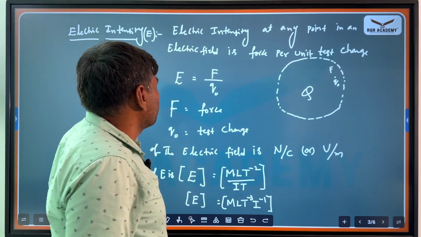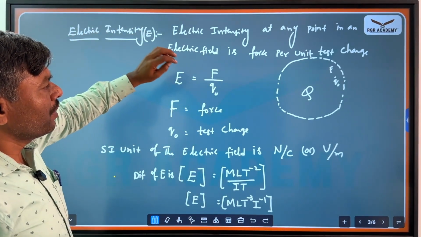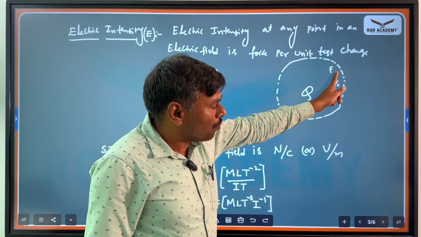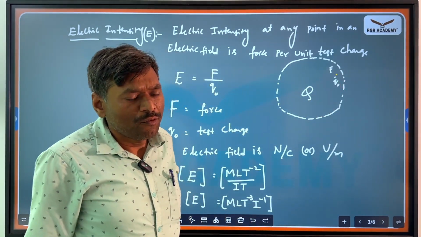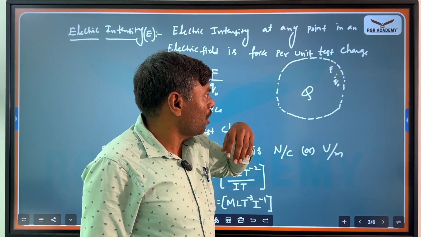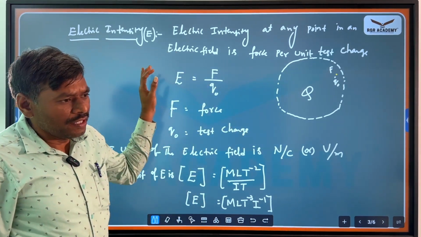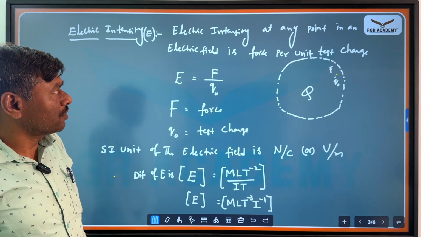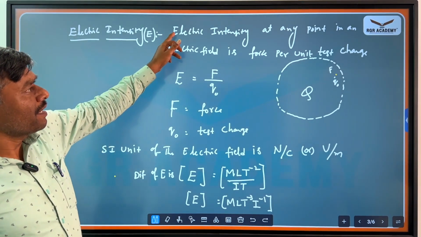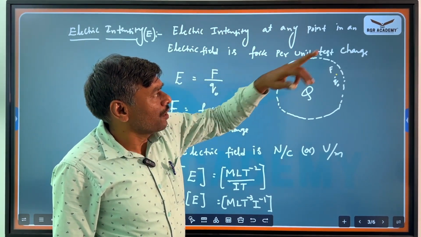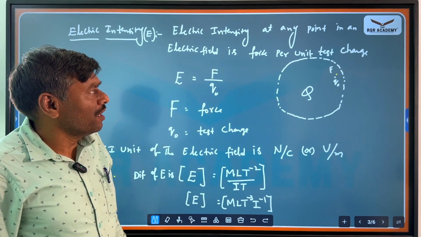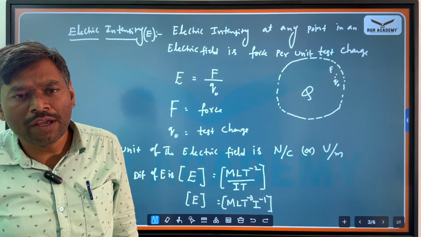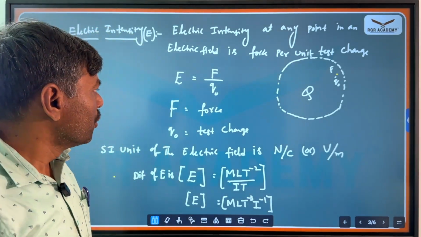Simply we say the electric intensity is the force per unit test charge. Electric intensity E is equal to force per unit test charge. Electric intensity at any point in an electric field is the force per unit test charge.